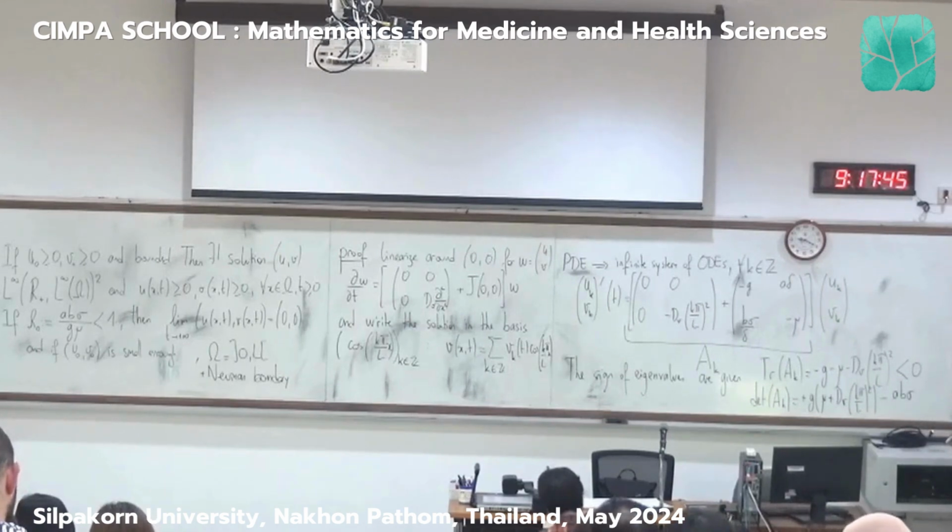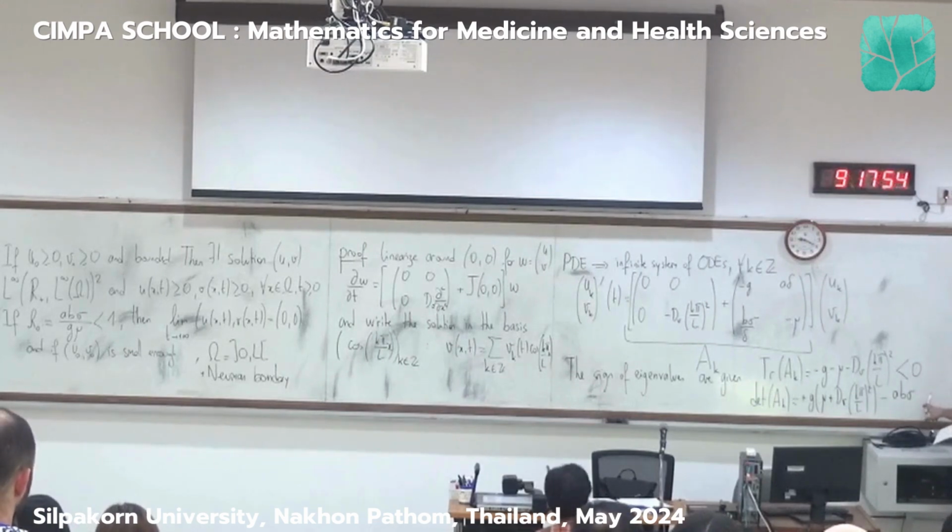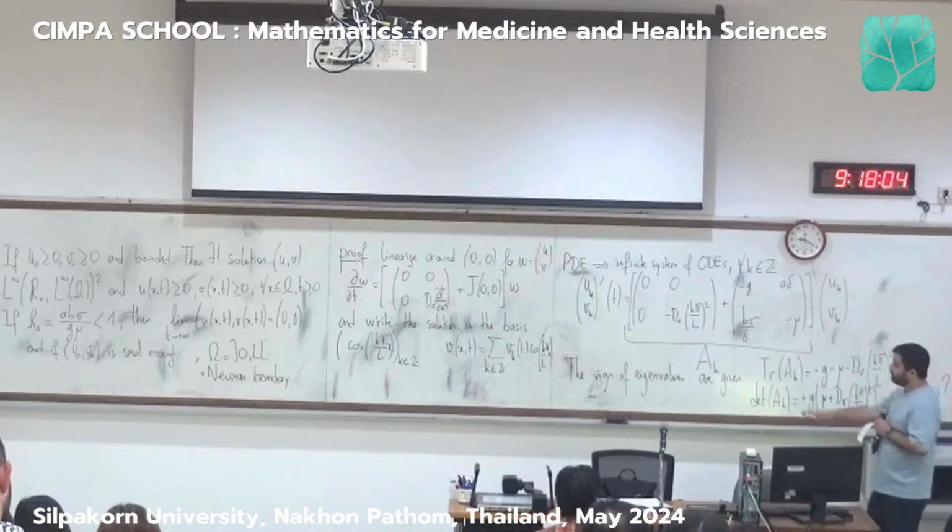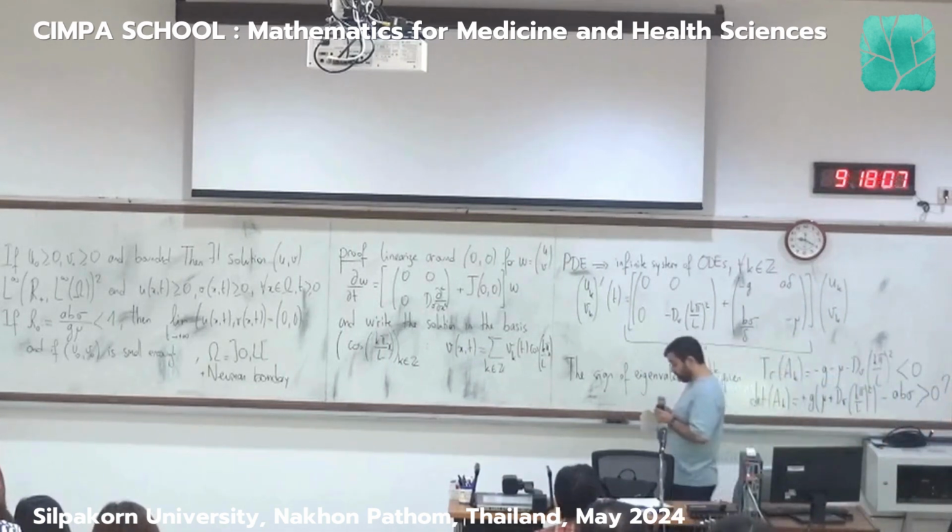Okay, and so if you want negative real parts, it means the multiplication of the two eigenvalues has to be positive. Okay. So what is the condition to be positive? So you need, I will write in a different way.